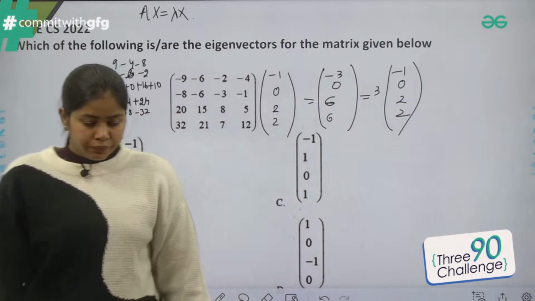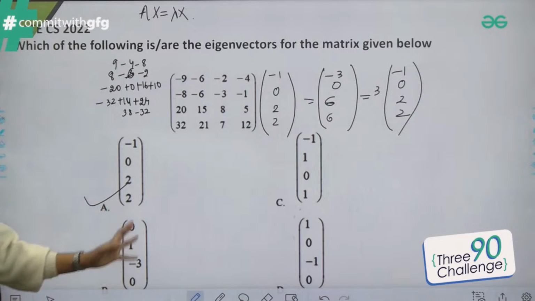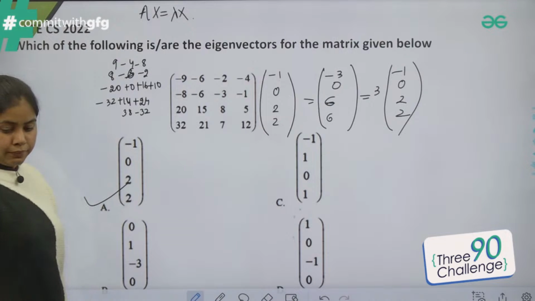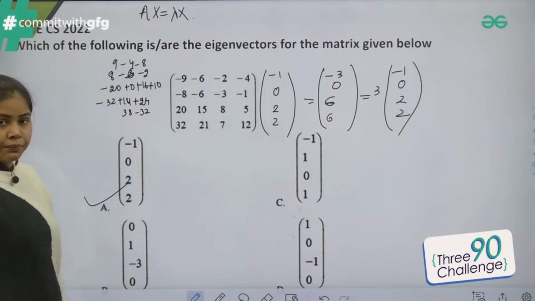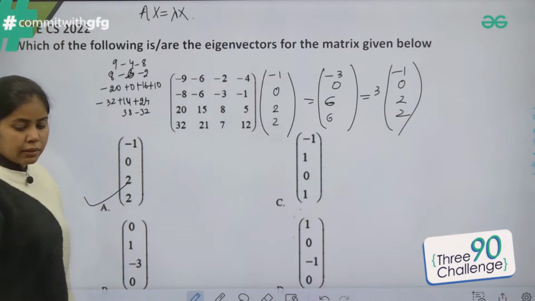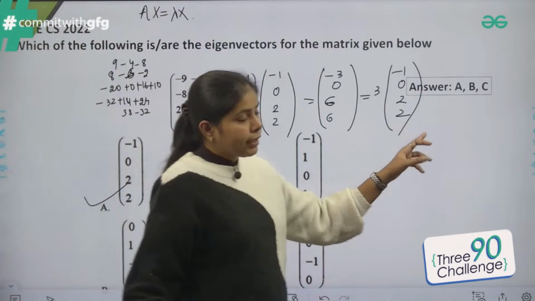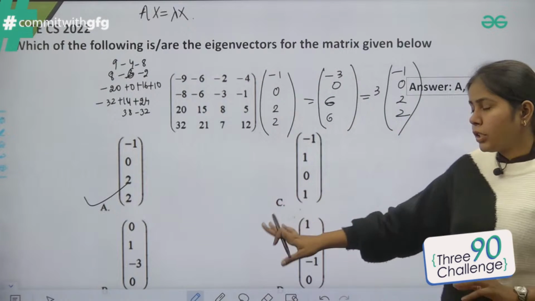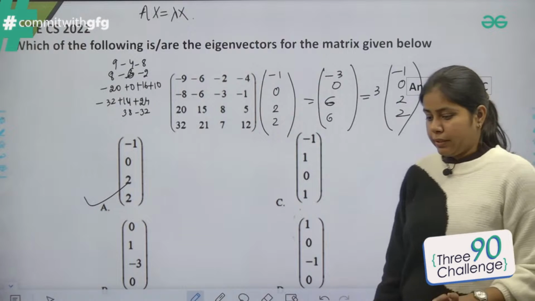Let me know how many options are correct out of it. Solve it. So guys, if you solve, you will get options A, B, C, all three are correct. Basic calculation, you would get A, B, C, all three are correct.